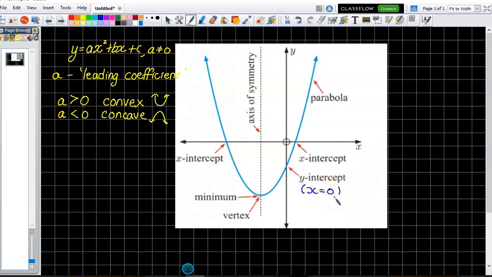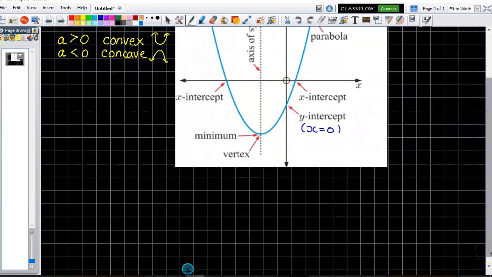To find your vertex, right? You completed the square to solve, to find your x-intercepts, you can also complete the square to find your vertex, right? So hopefully you might remember when it's in the form y equals (x minus h) squared plus k, your vertex is going to be (h, k).